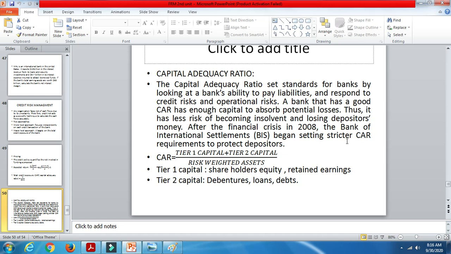This ratio is used to protect depositors and the stability and efficiency of the financial system around the world. The minimum amount of capital that banks, non-bank financial intermediaries and other financial market operators must maintain in proportion to the risk they assume is measured under the capital adequacy ratio.